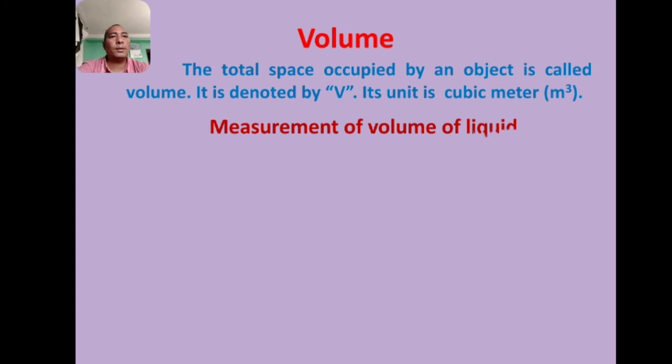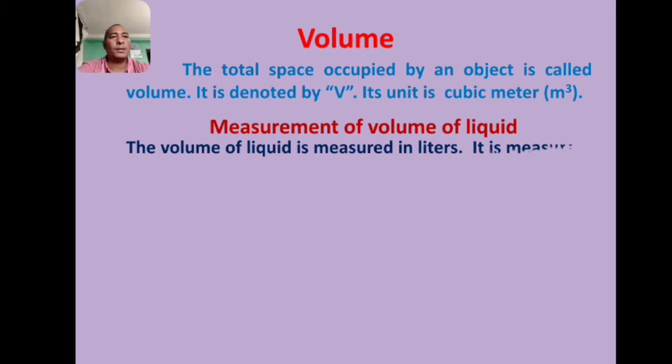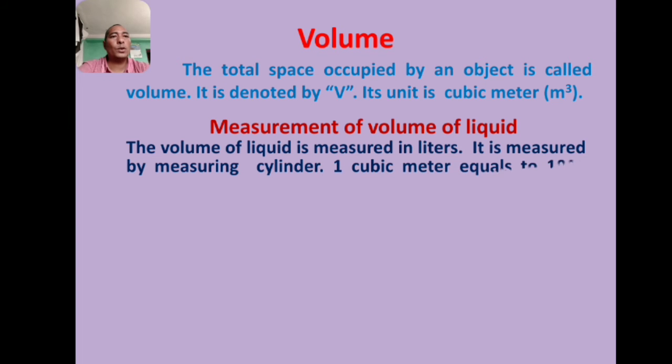Measurement of volume of liquid. The volume of liquid is measured in liters. It is measured by measuring cylinder. 1 cubic meter equals 1000 liters.